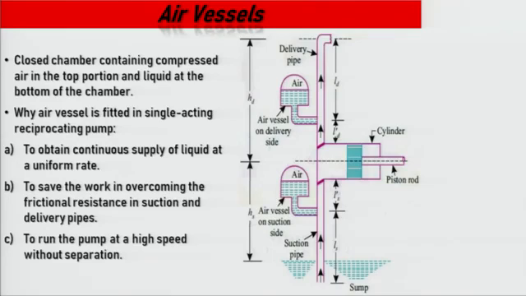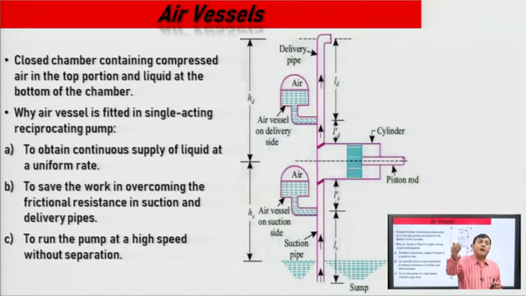So, our mission is to consume less power, and our objective is to get maximum output. Output is in the form of hydraulic energy, which means in the form of discharge. Okay.